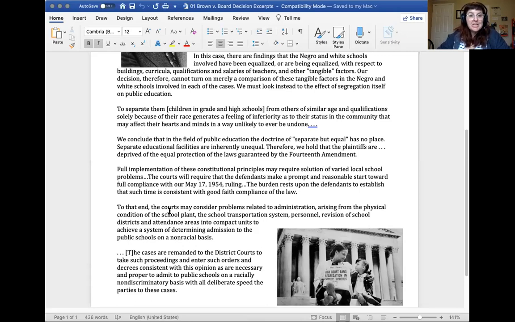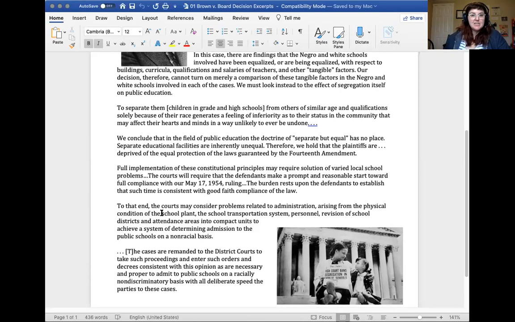To that end, courts may consider problems related to administration arising from physical condition of the school plant, the school transportation system, personnel, revision of school districts and attendance areas into compact units to achieve a system of determining admission to the public schools on a nonracial basis. The cases are remanded to the district courts to take such proceedings and enter such orders and decrees consistent with this opinion as are necessary and proper to admit to public schools on a racially nondiscriminatory basis with all deliberate speed the parties to these cases.